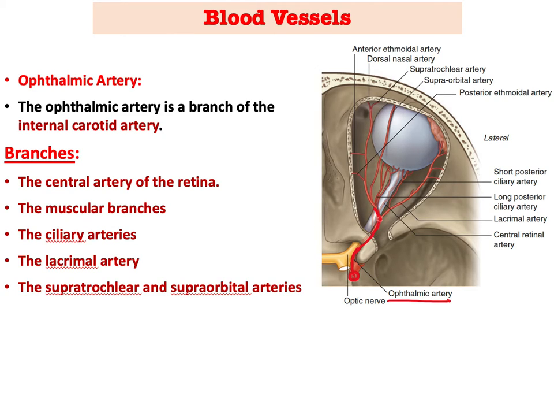It gives a very important branch to the eye, which is the central retinal artery, and it also gives branches to the lacrimal gland and the ciliary arteries to the eye, and it also gives the supraorbital and supratrochlear arteries in addition to the ethmoid ones.